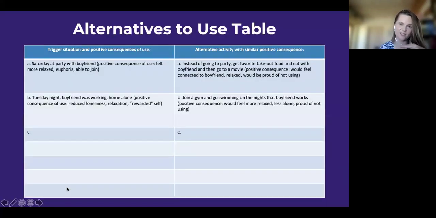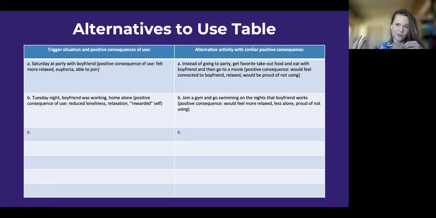So this is an alternatives to use table. This is about helping people reorient to different ways of managing difficult emotions that in the past they've been using substance use to manage. So if you can identify that it's primarily relaxation you're looking for when you've used this substance in the past, what are some other things that help you to feel relaxed, that you feel better about, that are better for you and your family, that are more sustainable long term?